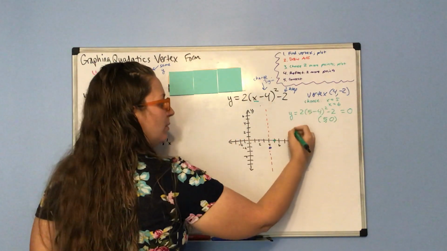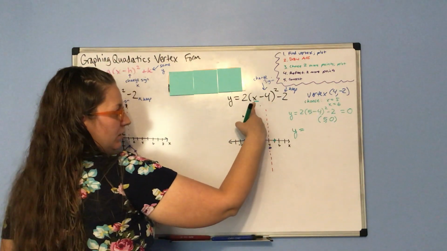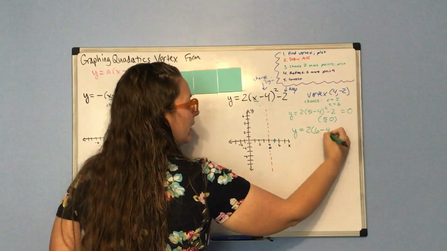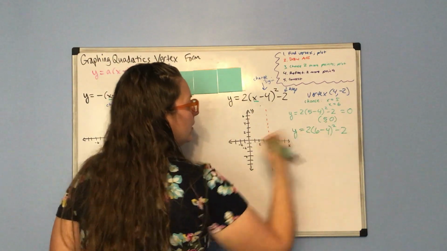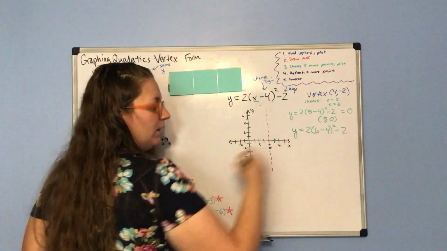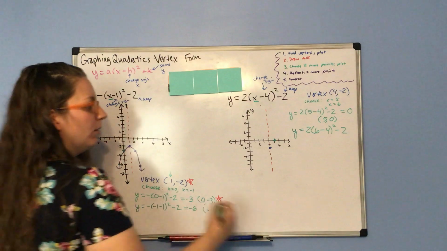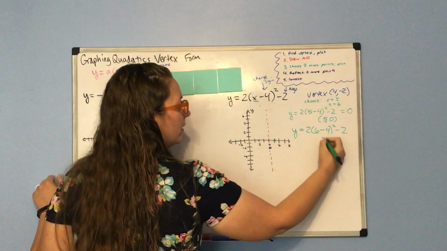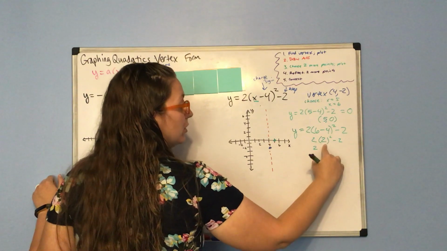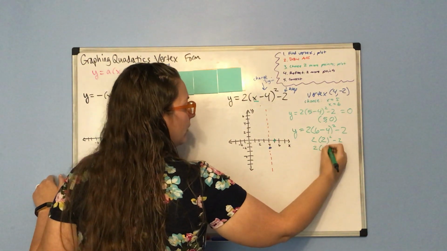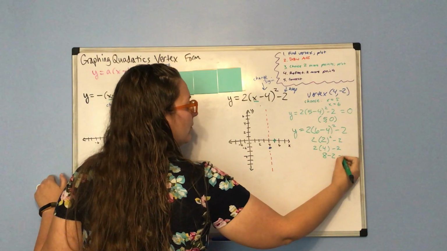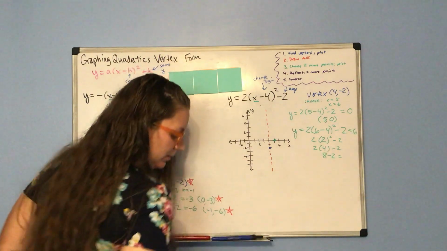Now let's do the same thing but plug in 6. So now 6 goes in for x. So 2 parentheses 6 minus 4 squared minus 2. You are welcome to type this all into a calculator like Desmos. I'll walk you through the work. 6 minus 4 is 2. 2 squared, or 2 times 2 is 4. 2 times 4 is 8. 8 minus 2 gives me 6.